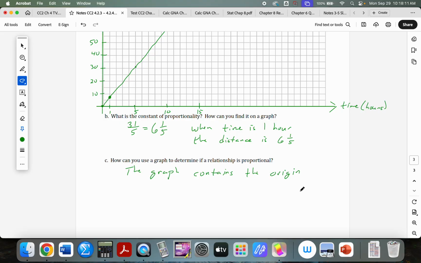No, just from just looking at the graph. It's a line. It's got to be straight. If it's not straight, it's not a proportional relationship.